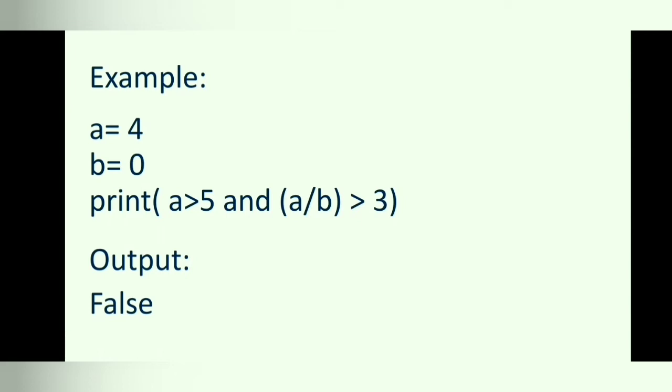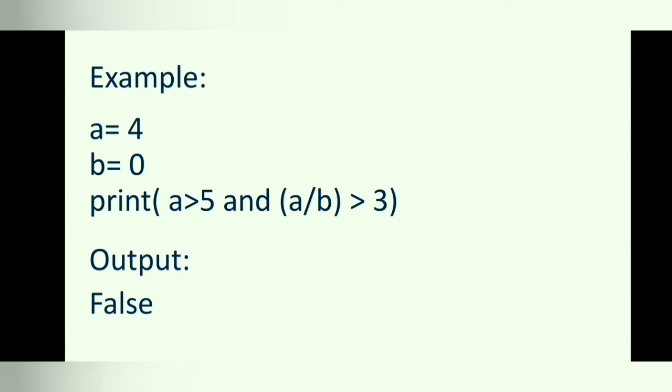So the second part of the expression, A divided by B is greater than 3, is not evaluated because Python uses the short circuit technique for the evaluation of logical expressions. It stops the evaluation when it knows for sure what the final result will be. Here the result is false.